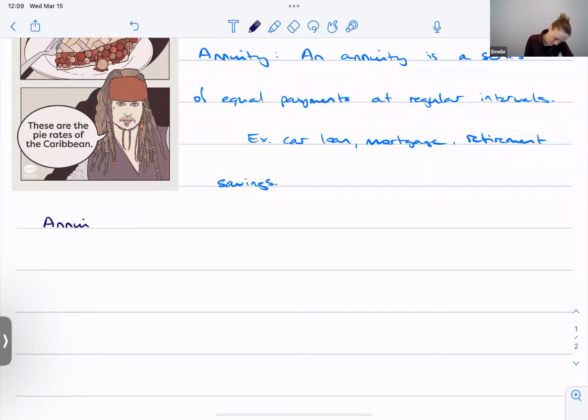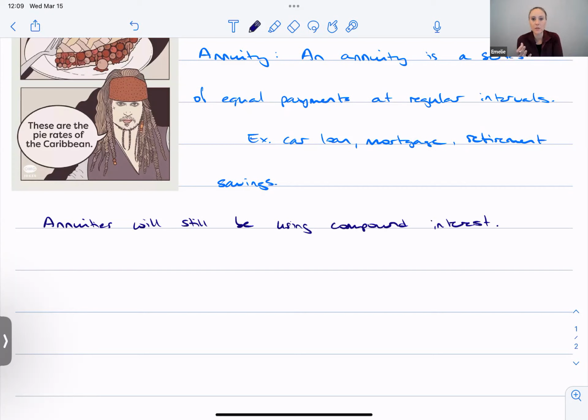Annuities will still be using compound interest. The interest is going to be compounding at some frequency. We know how to deal with that.